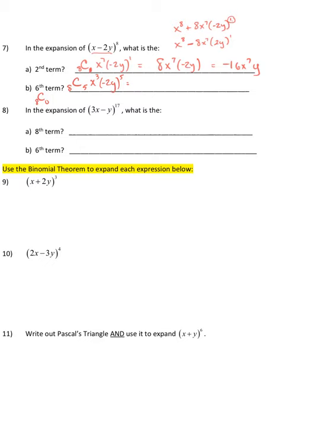Well, the 8 things 5 at a time is 8, 7, 6, and you could go 5, 4 to get 5 terms, but remember, 8 things 5 at a time is the same as 8 things 3 at a time, because 8 minus 5 is 3.